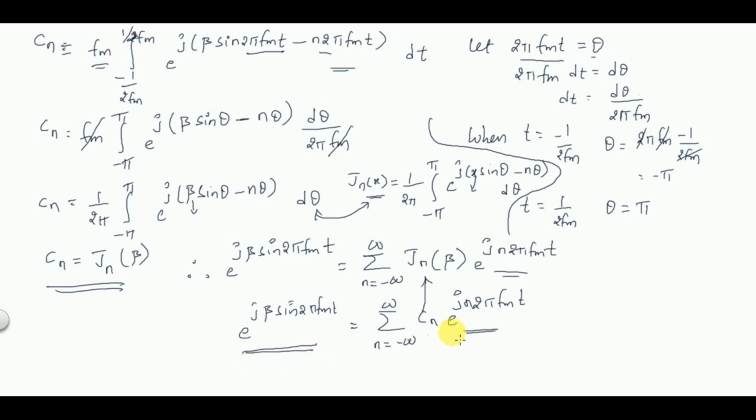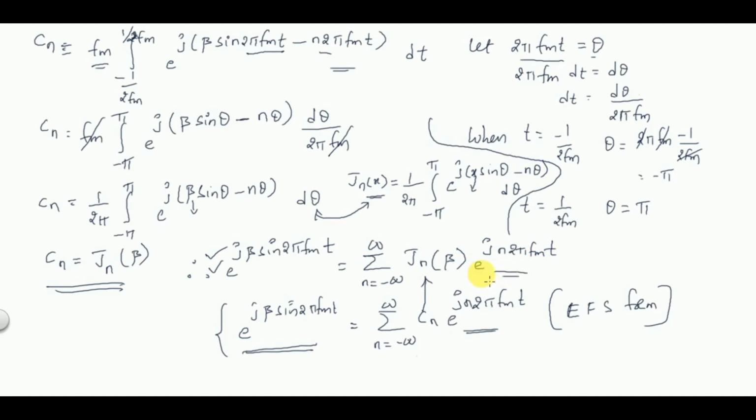So that becomes this signal in exponential Fourier series form. Because this is a periodic signal, we can represent it like this in terms of the exponential Fourier series.